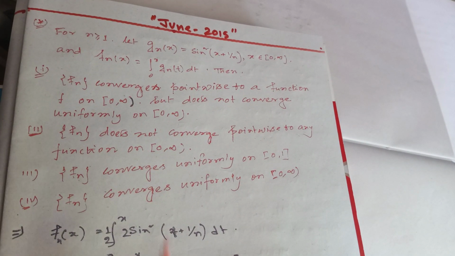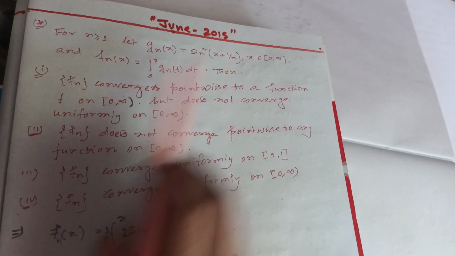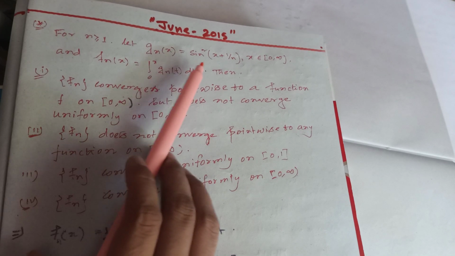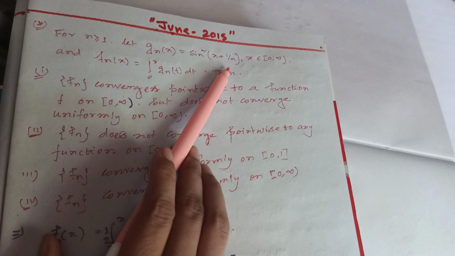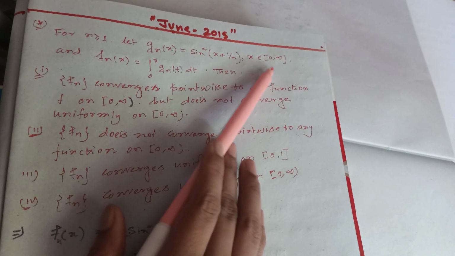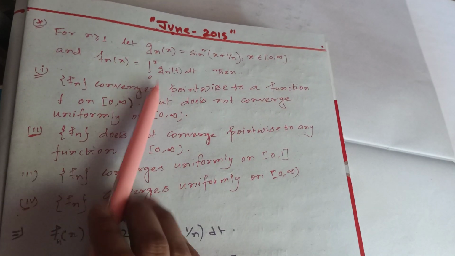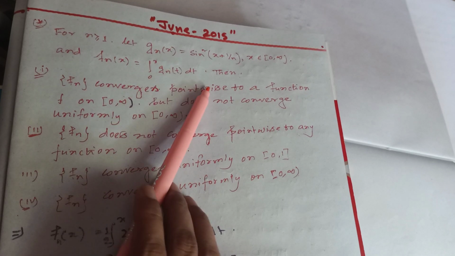Now the next question, June 2015. The question says that for n greater than or equal to 1, let g_n(x) equal sine square x plus 1 by n, x belongs to the closed interval 0 to infinity, and f_n(x) equals the integral from 0 to x of g_n(t) dt.